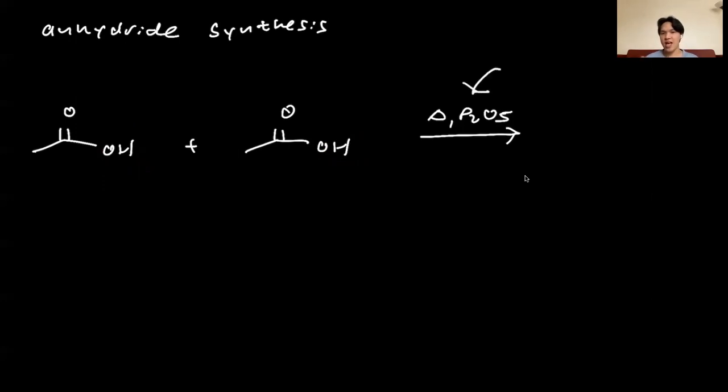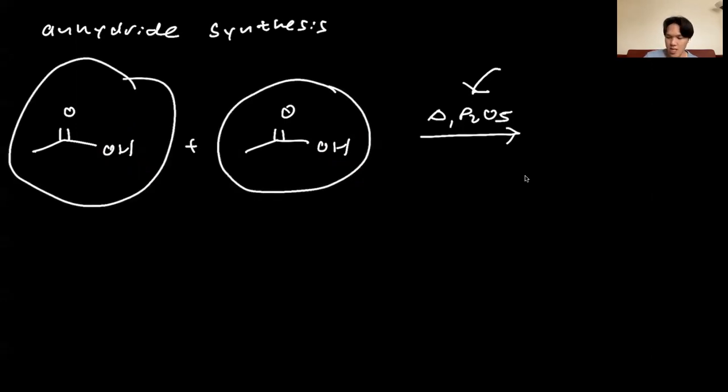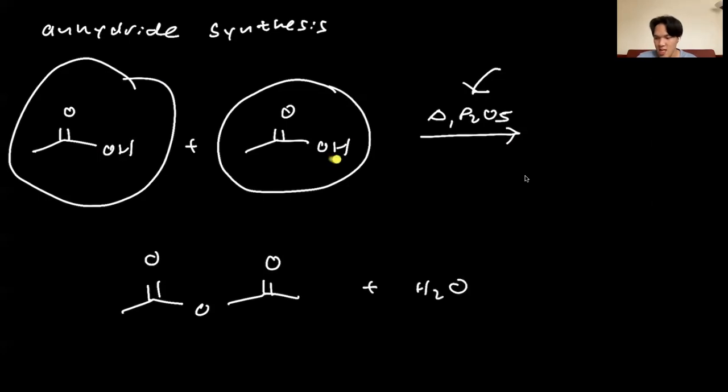But you're pretty much going to take out a water, and then combine the two carboxylic acids together, right? So it's going to look like this, your anhydride compound alongside the water. And you can sort of see how that's happening. You just take away this OH and then take away this H, connect the two together, and you have your anhydride, right?